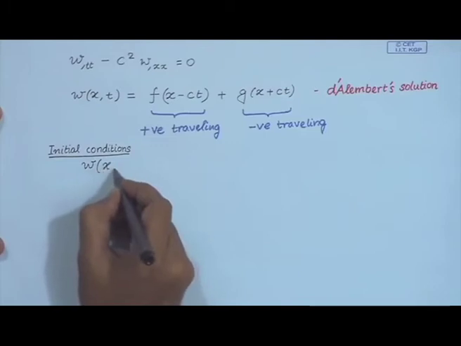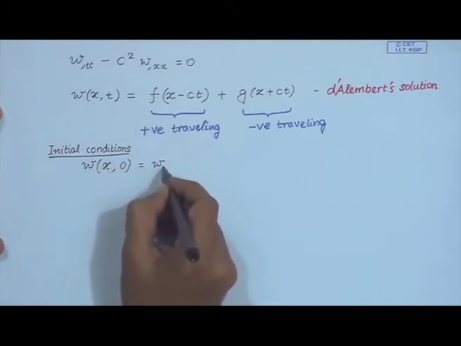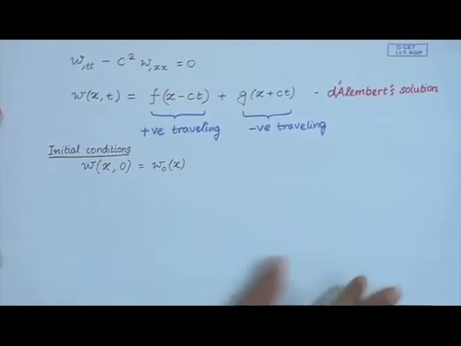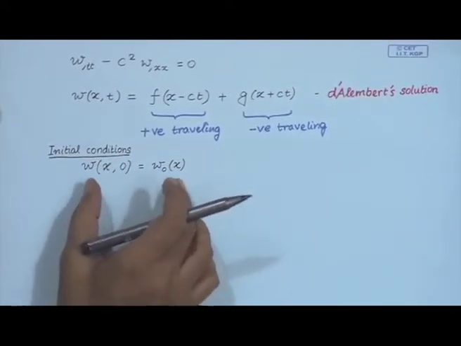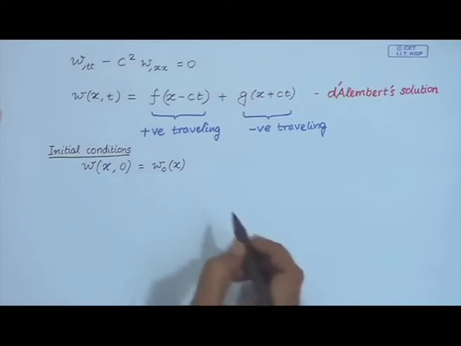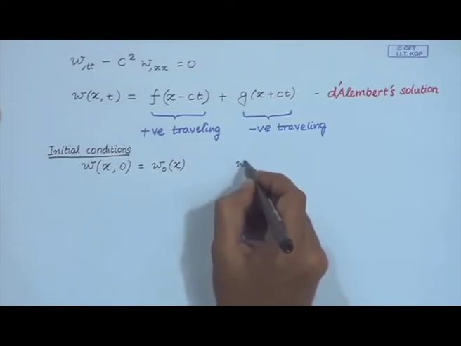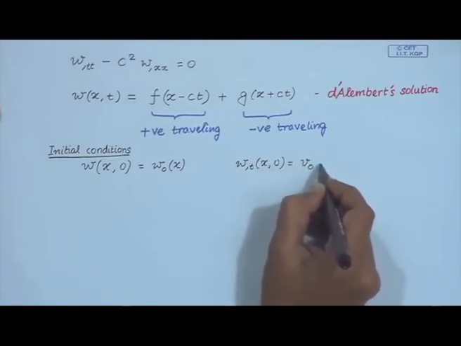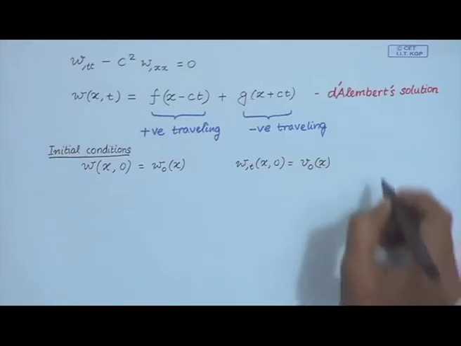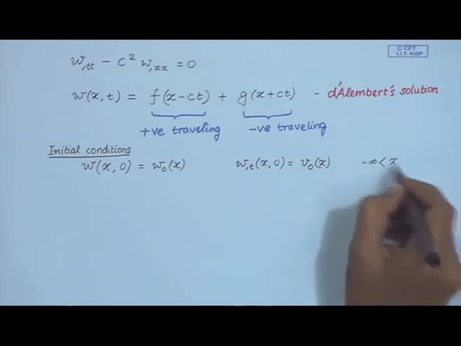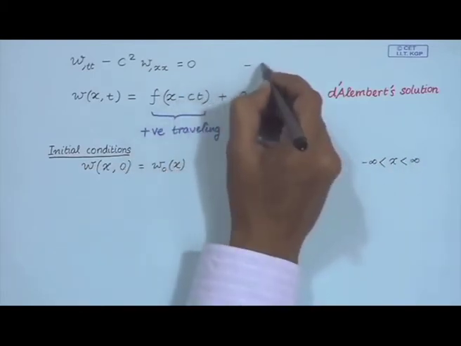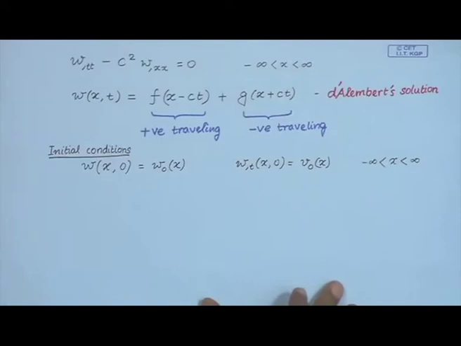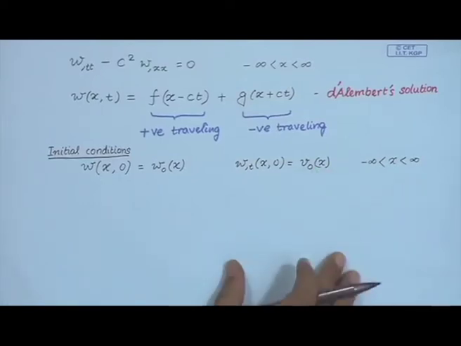Suppose the initial conditions are specified like this: the system is given an initial shape defined like this, and the initial velocity distributed in this form, where the domain of this problem is from minus infinity to plus infinity.